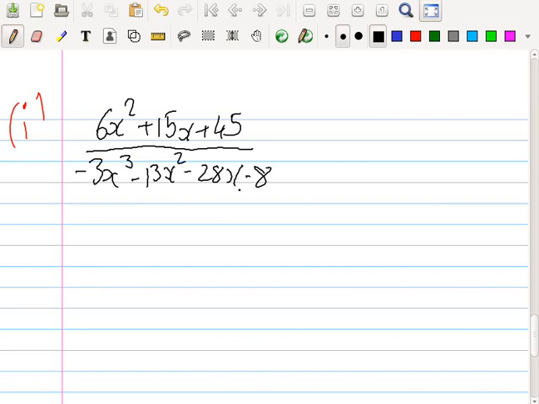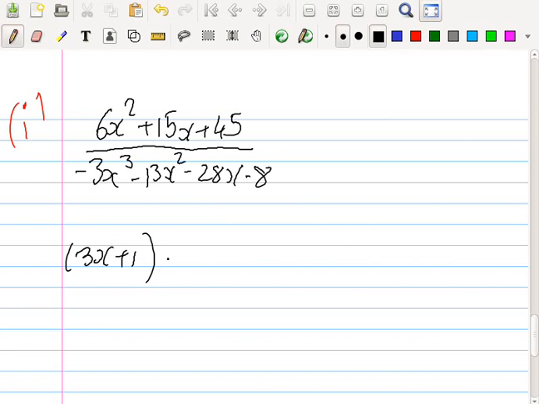Now let's have a look at the denominator solution. Minus 3, minus 13, minus 28, minus 8. And if you look at the bottom, you get 3x plus 1, and then a problem: only one answer, not two answers.